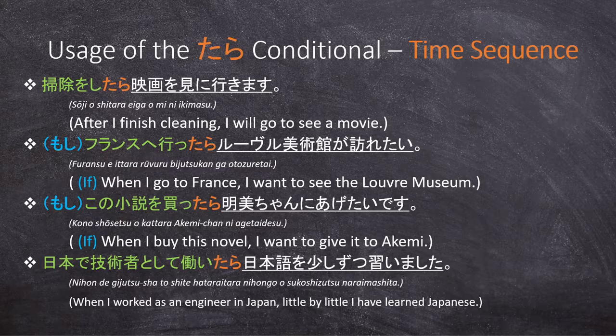And of course here Tara has been used as when, because if we add Moshi here it will be nonsensical, it will be a little bit incorrect, and that is why I'm always urging you to first determine how you would like to use Tara, what you would like to say with it, and if you are saying something that is in the mood of a conditional, or if you want to say something that is a condition, then you should use Moshi.